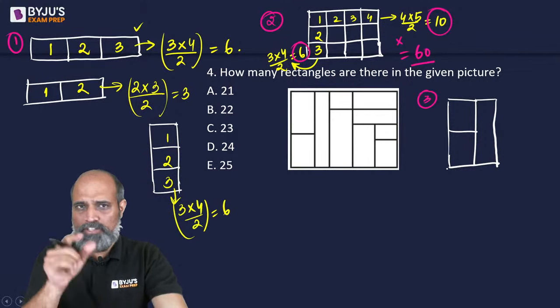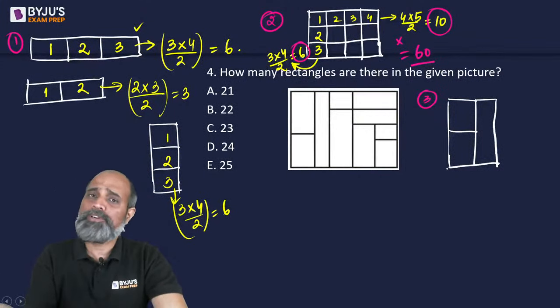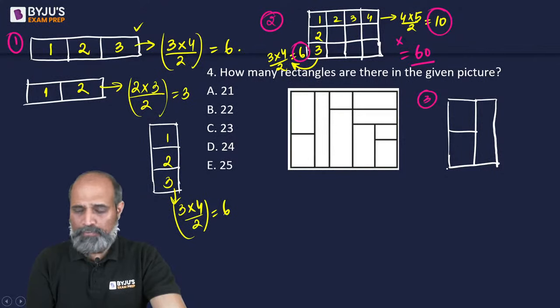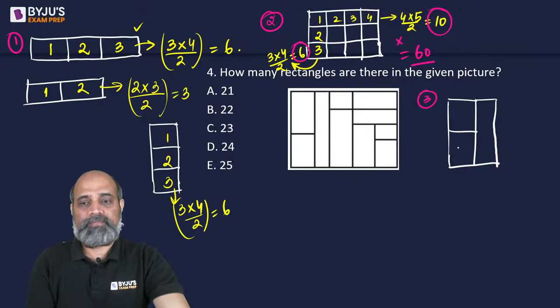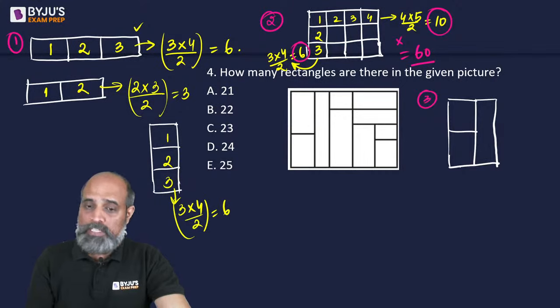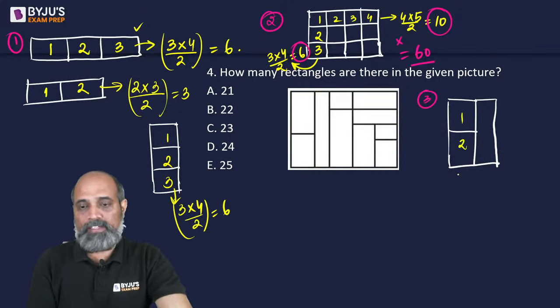We had 3 initially when we had only one vertical strip. एक column था तो 3 थे. The moment I draw one more, how many rectangles overall do we get? Is it 4? Is it 5? Is it 6? How many do we get here? So the thing is, there is no formula for this. I mean, there is a formula, but that formula is specifically for the vertical one, right?